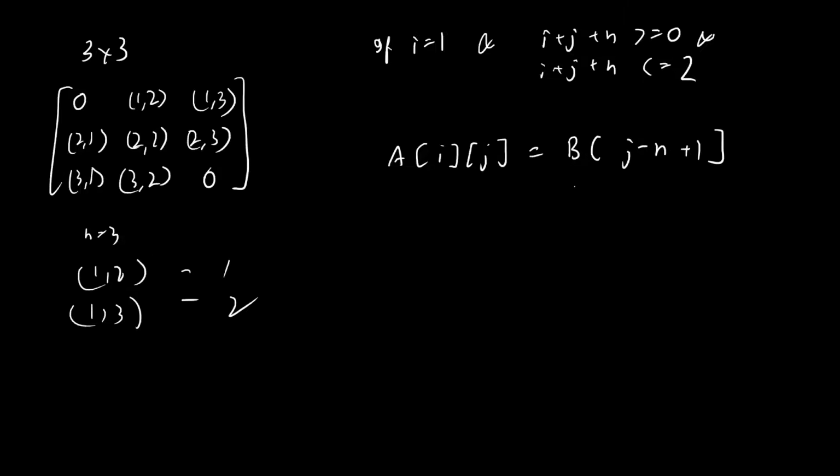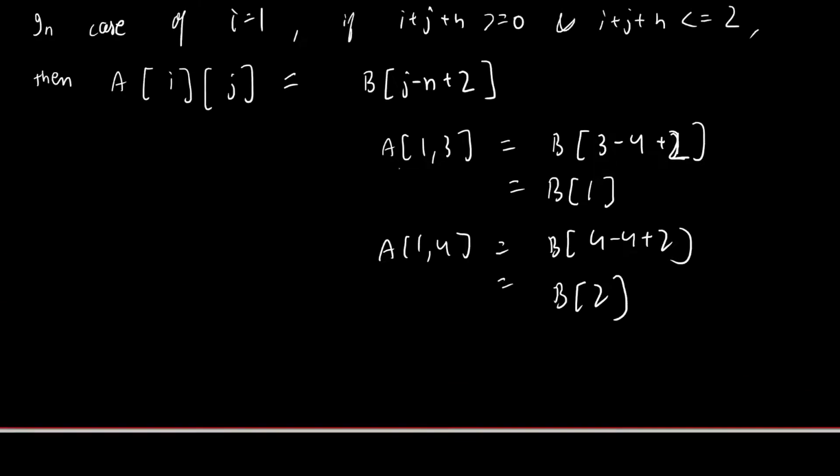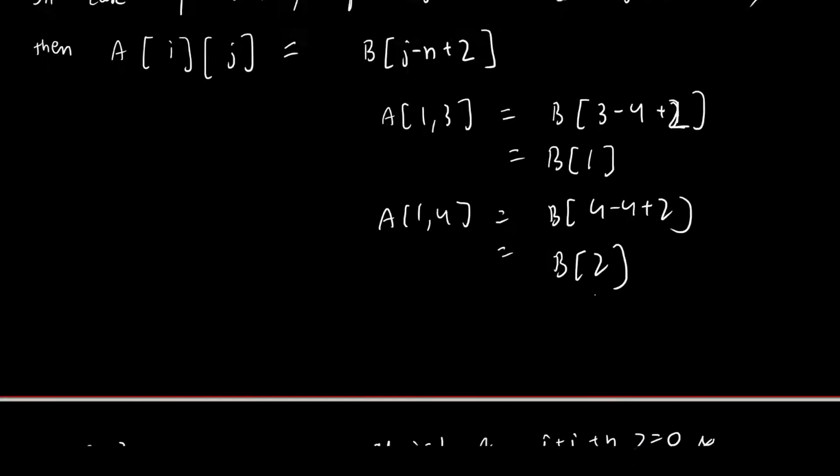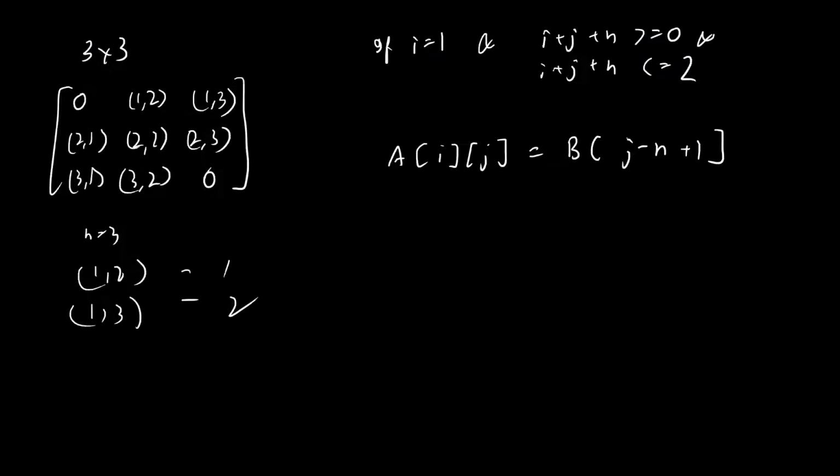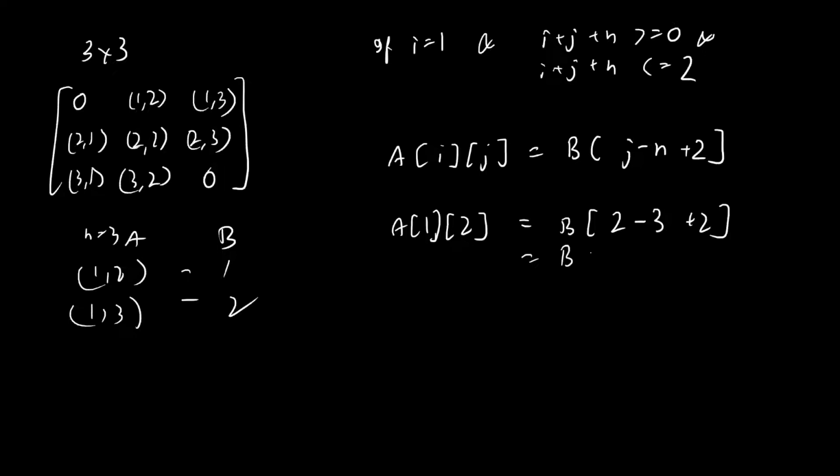This is what we found above, plus 2, sorry, b of j minus n plus 2. So suppose a12, this will be stored at b1. So a12 equals b of 2 minus 3 plus 2 equals b1.